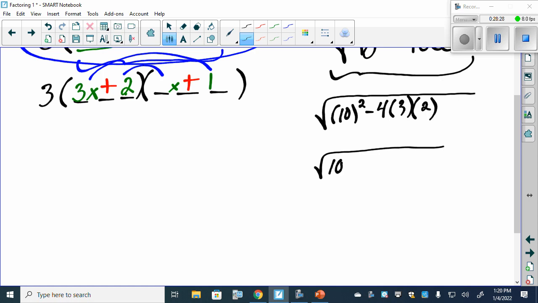Here, 10 squared would be 100 minus 4 times 3 is 12 times 2 is 24. And 100 minus 24 would be 76, which I looked up earlier, which 4 does go into.